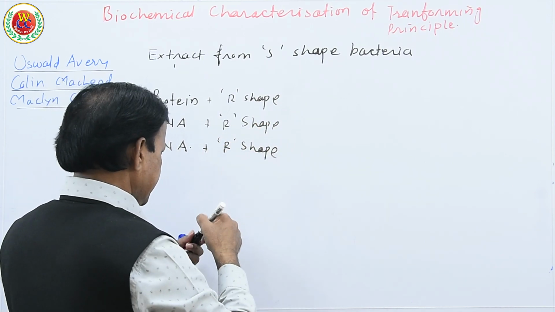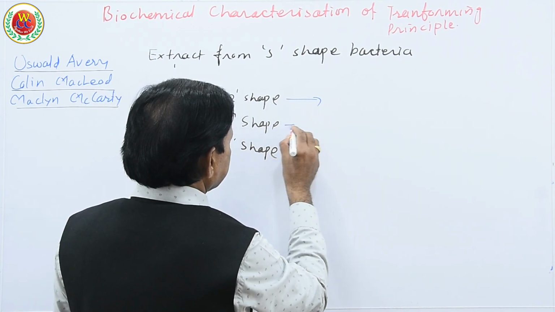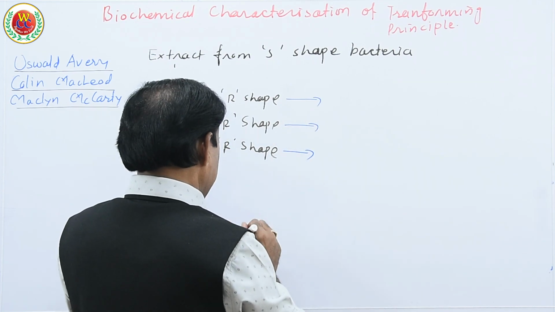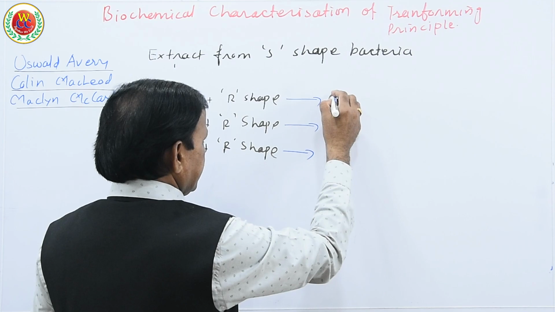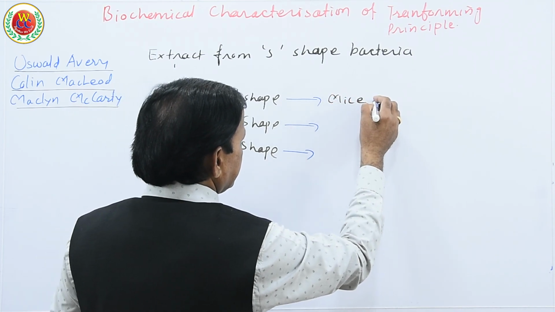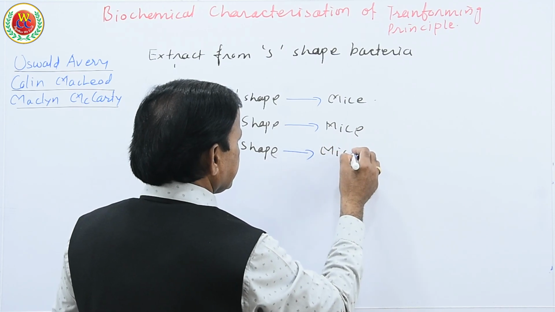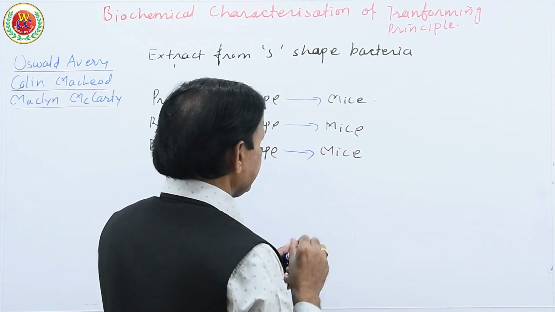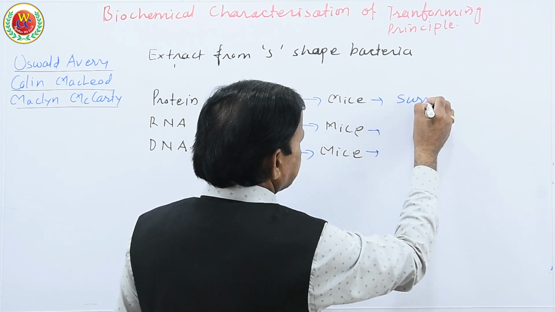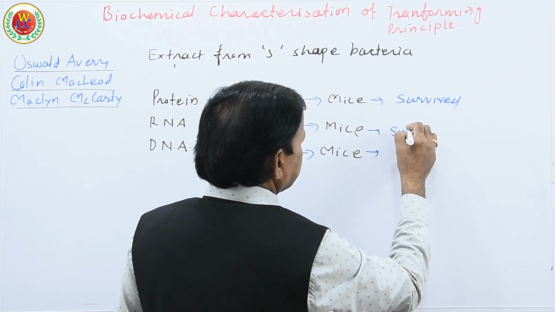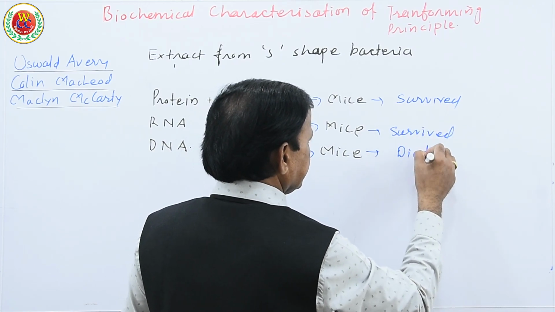When they injected this into mice along with R-shaped bacteria, in the first two cases the mice survived. In the third case the mice died.